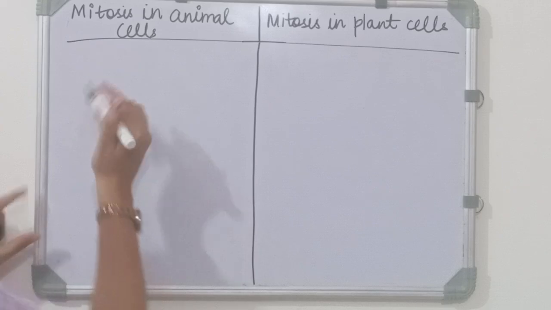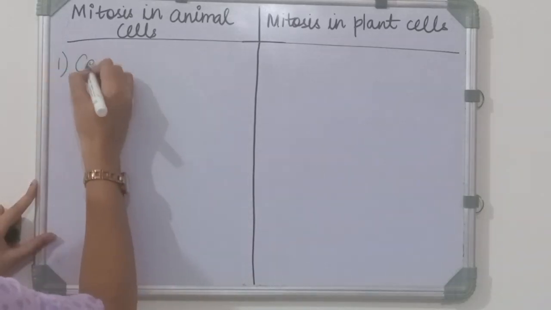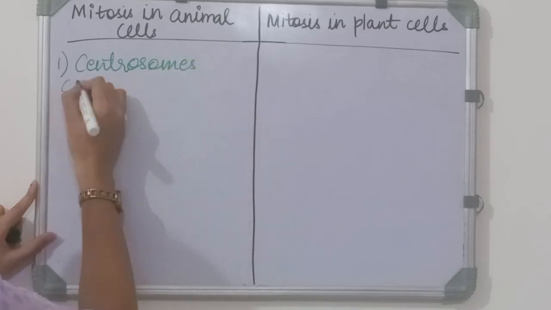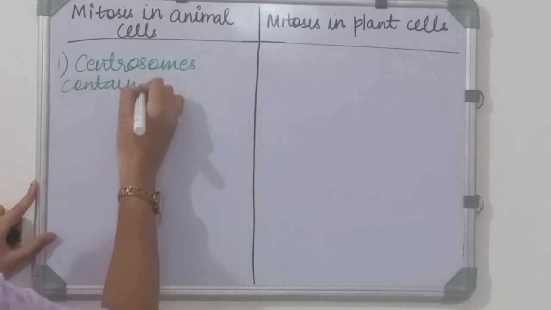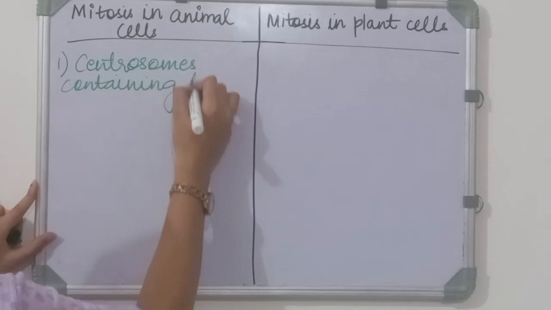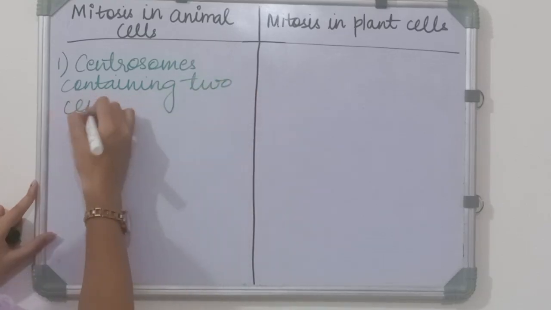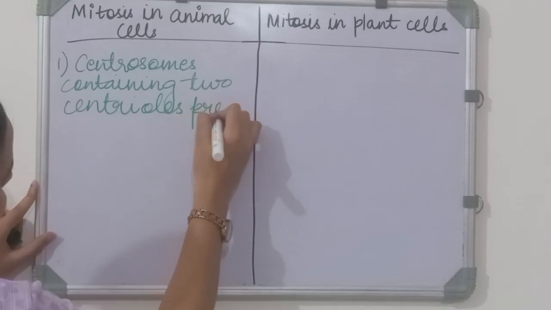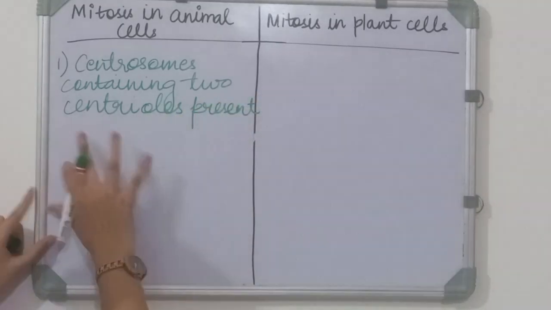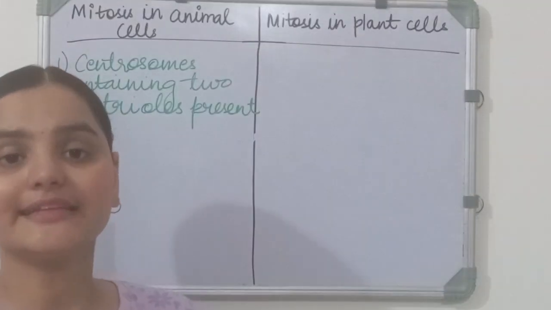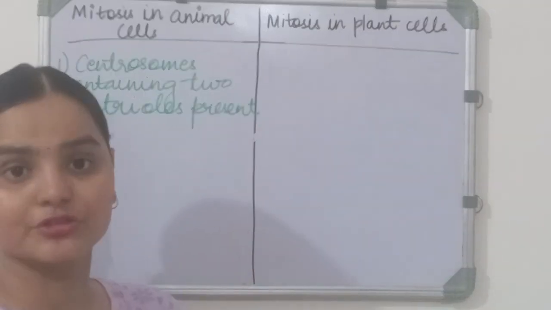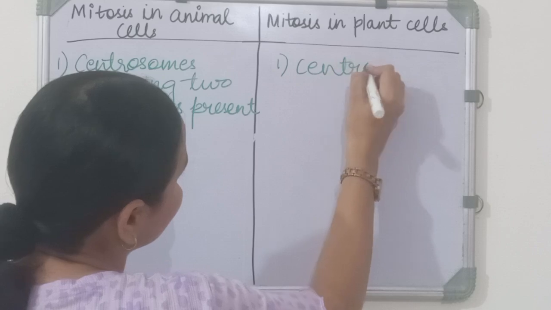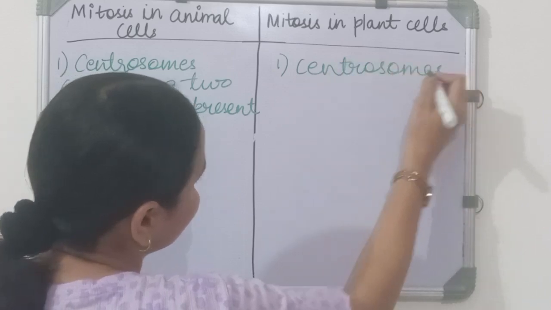So in animal cell, centrosomes containing two centrioles are present, while they are absent in case of plant cells. Do you remember this point? So centrosomes absent.